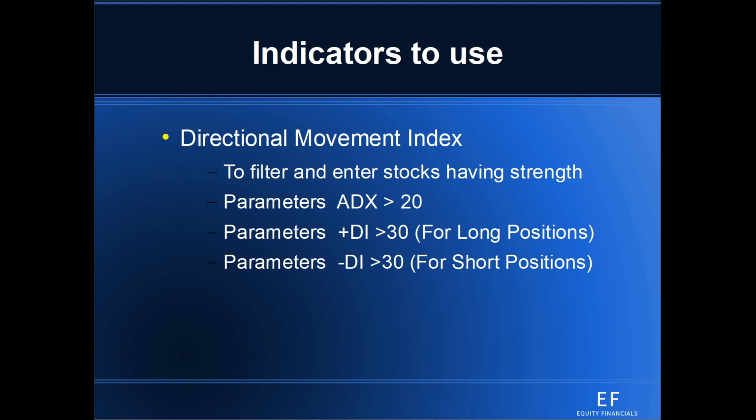This is to confirm the strength of the trend. For the stock I'm going to trade, if the plus DI is above 30, then probably I will go for a long position. And if the minus DI is greater than 30, anywhere between 30 and above, then I will be looking for a possible short position.